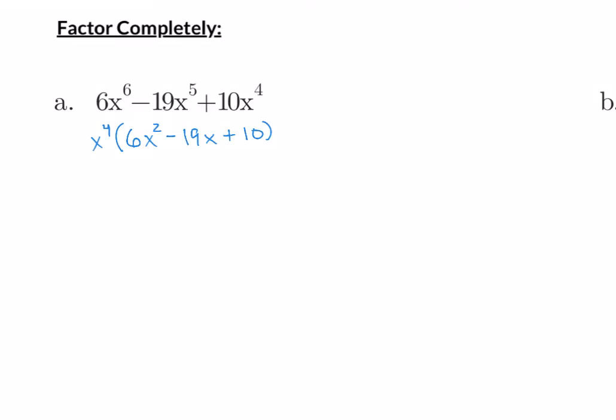All right, from here, let's go ahead and do our AC method again. We're only going to work with the polynomial inside, so we're going to do 6 times 10 gives me 60. And now if we go ahead and factor 60, we get 1 and 60, 2 and 30, 3 and 20, 4 and 15, 5 and 12, and 6 and 10.